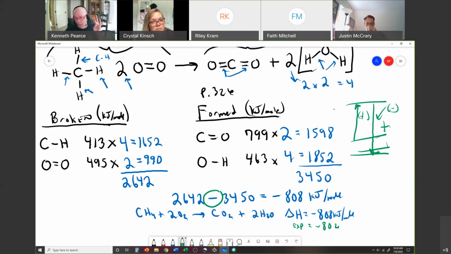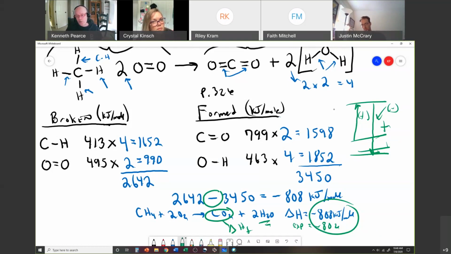This is all different. We're coming from different directions to get what basically amounts to being the same number. And so I can actually go to a table and I can get delta H of formation for CO2. And it's some number. It's not 808 because you've also got to count for the water.